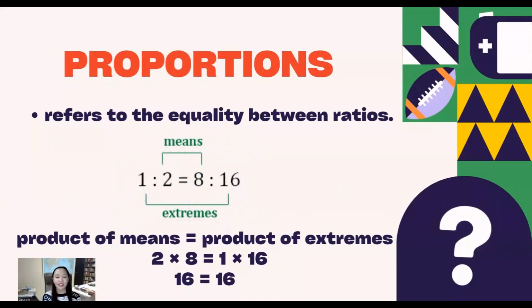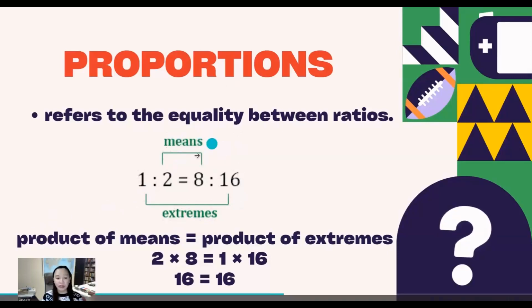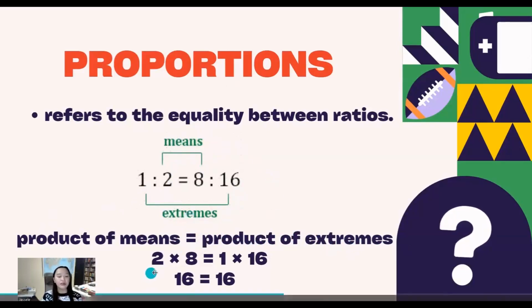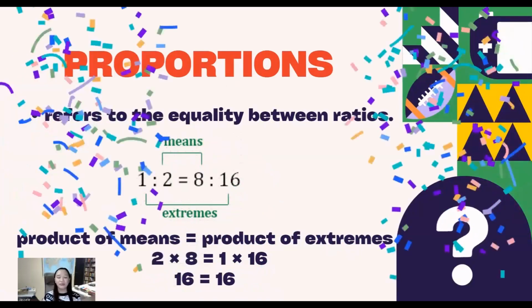So it's a bit easy here in senior high school. So when we are talking about proportion, the product of means or the inner numbers is equal to the product of extremes, which is the outer one. Let's try. So 2 multiplied by 8 equals 16, and 1 multiplied by 16 equals 16. So this is actually equals. That is correct. Good job.